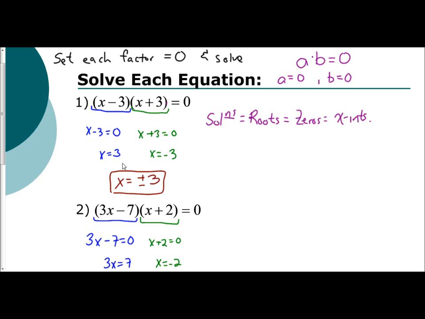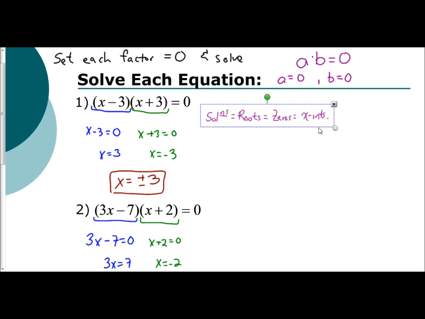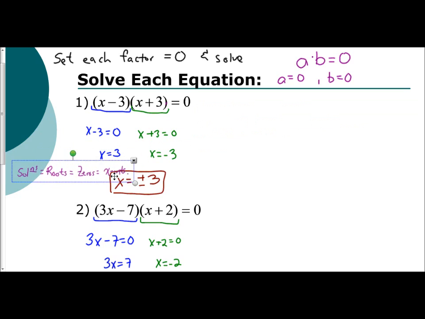And so what happens is our solutions, we're finding the solutions for this first factor, is x equals plus or minus 3, which means those are my x-intercepts. And so if I were to take a look, let's go ahead and move this over, and we can pull up our graphing calculator.